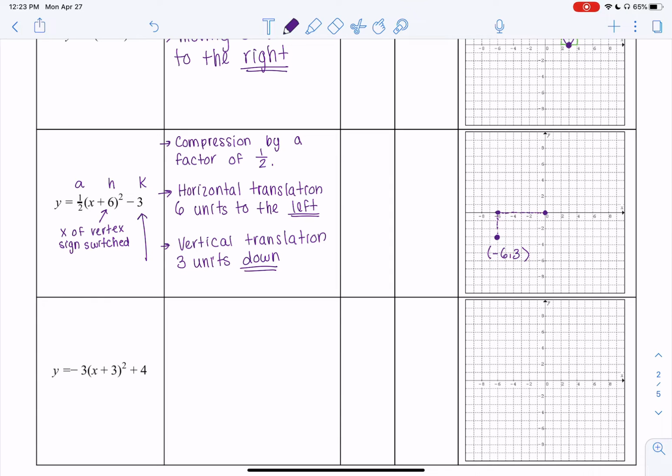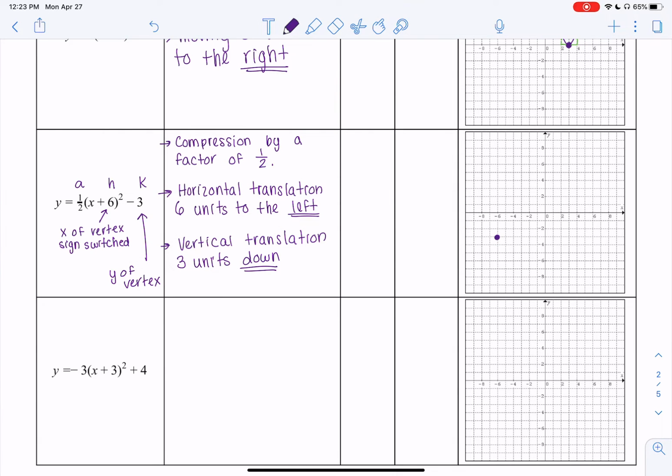And my K will always be my Y of the vertex. And you may have put that together last lesson, but it is really helpful to find your starting point. So on our graph, we have our vertex here at -6, -3.